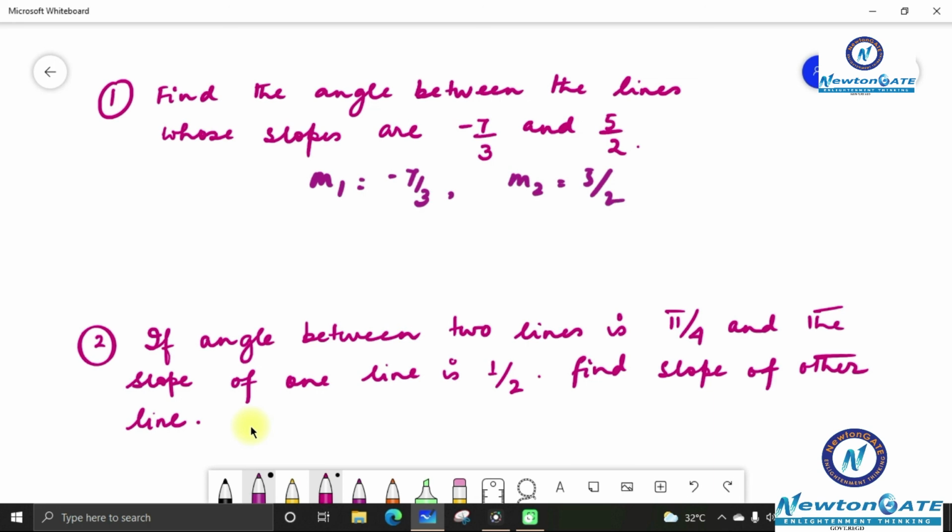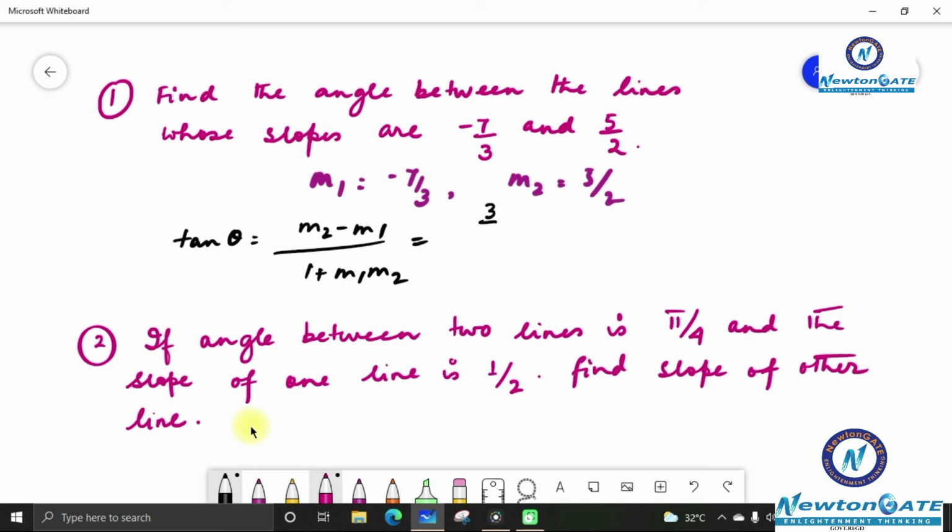So by definition of the angle, we have tan theta is equal to m2 minus m1 divided by 1 plus m1 m2. Now don't be nervous when you get a negative sign or positive sign. Basically, if we have a positive sign, it means the angle was an acute angle, and if we have a negative sign, it basically means the angle between the two lines is obtuse.